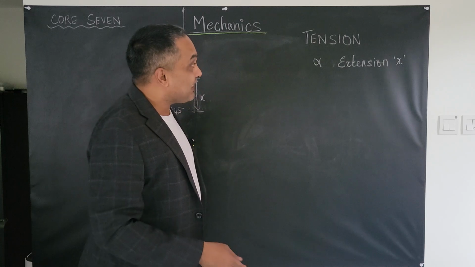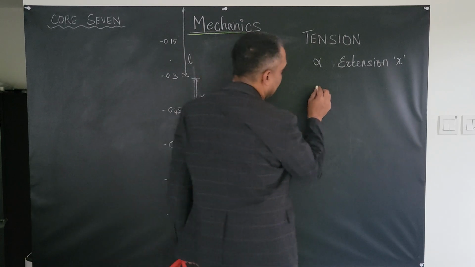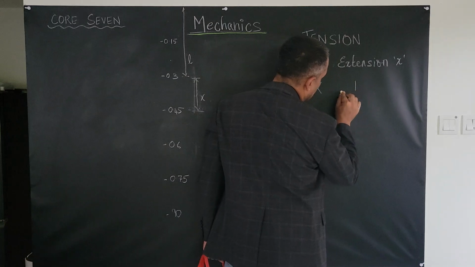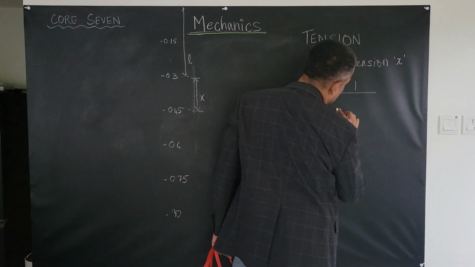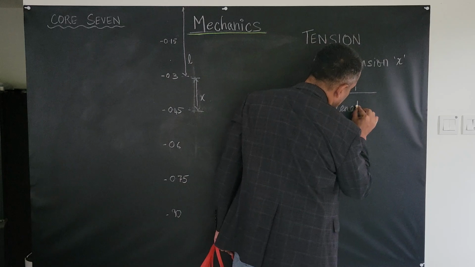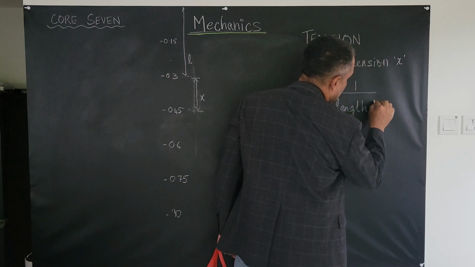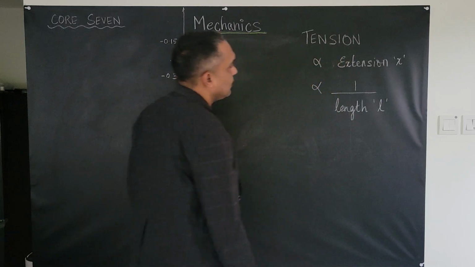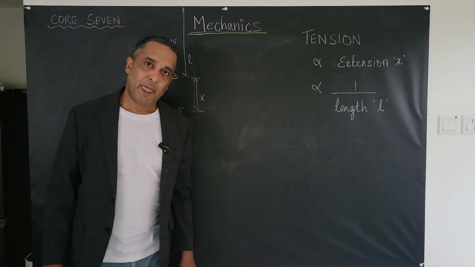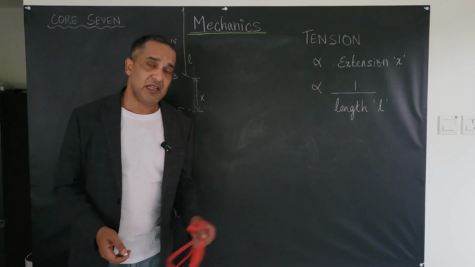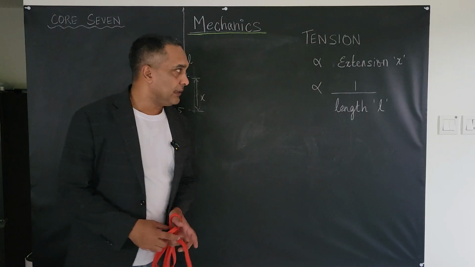So tension is inversely proportional to length. It's proportional to extension and it's inversely proportional to length.